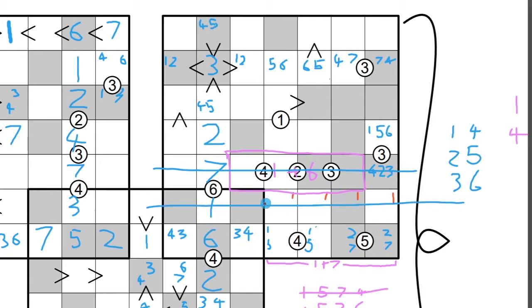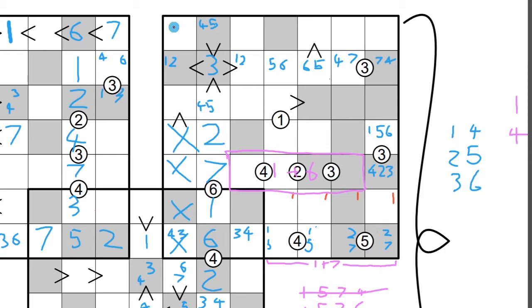I can't have a 1 there. I can't have a 1 there. Well, I mean, I can, but what I'm talking about is this left column. So why don't I just cross that off? Can't have a 1 there. Can't have a 1 there. Can't have a 1 there. Could have a 1 there. Can't have a 1 there. So we've got a 1 in 3 possible places. It's good to know, huh?